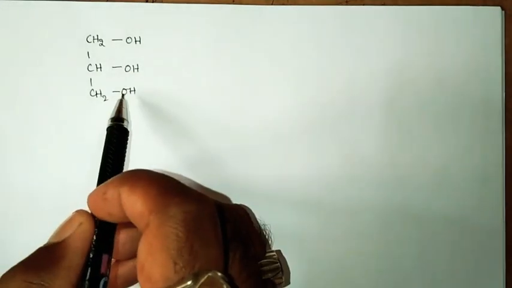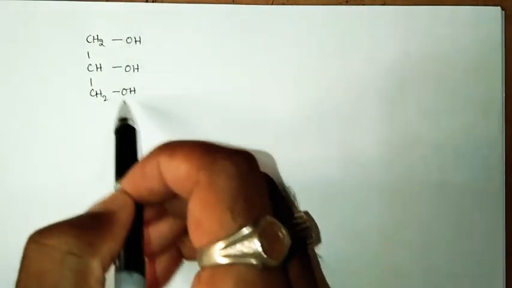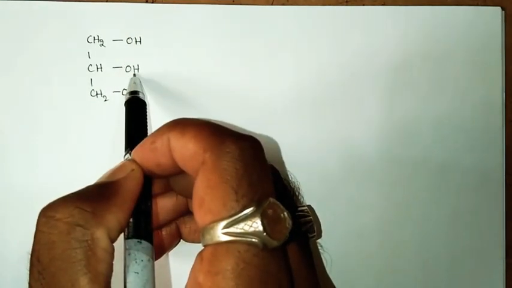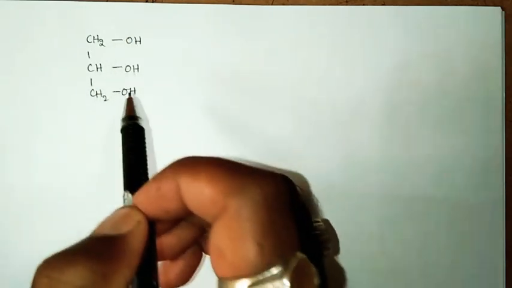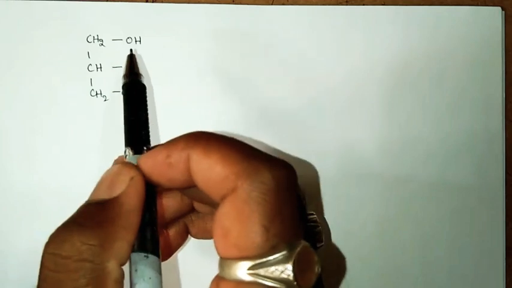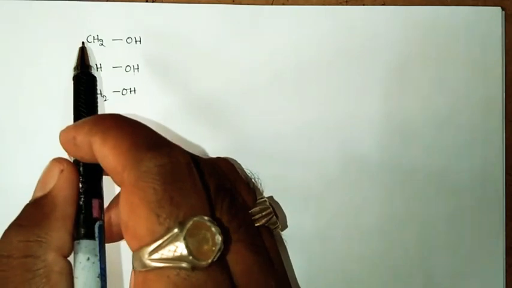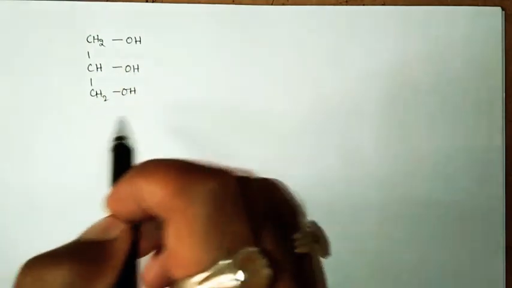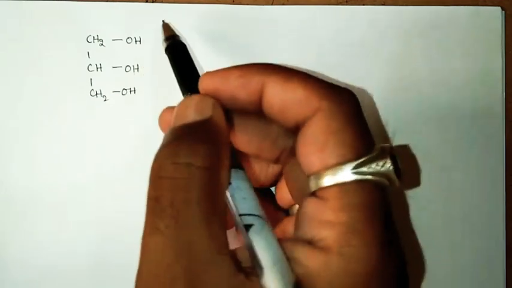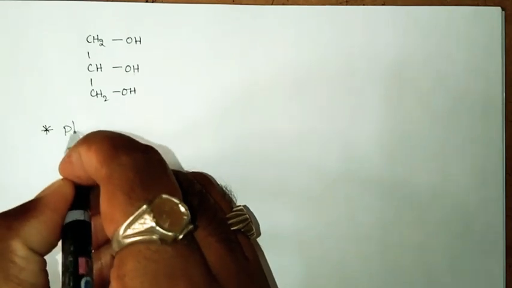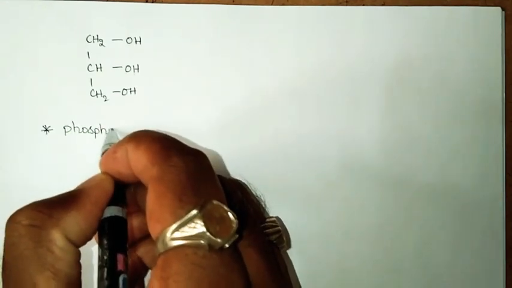But if, of the 3 OH groups of the glycerol, 2 OH groups are esterified with fatty acid molecules, and one of the OH groups of the glycerol gets esterified with phosphoric acid, that means one of the OH groups gets replaced with the phosphate group, we get the phosphate derivative of that lipid, and we call that compound phospholipids.